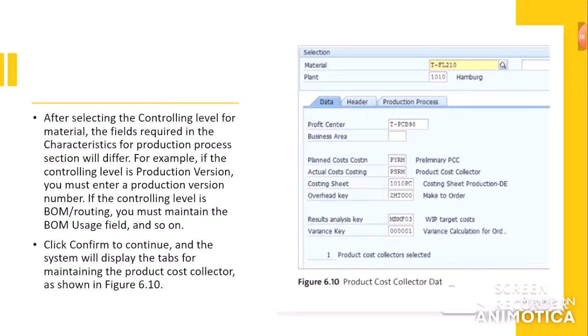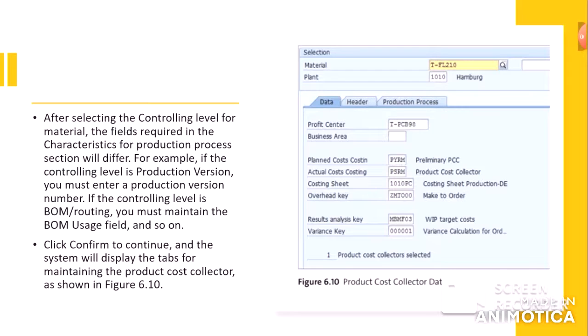After selecting the controlling level for material, the fields required in the characteristics for production process section will differ. For example, if the controlling level is production version, you must enter a production version number.